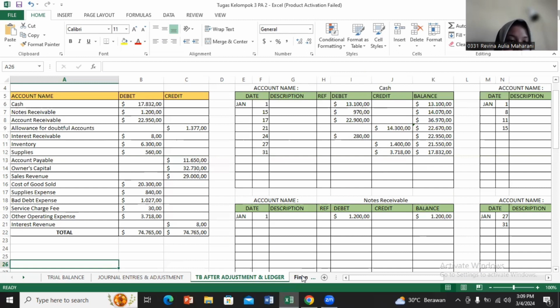So the result of the trial balance after adjustment in debit is $74,765, and credit the result is $74,765.